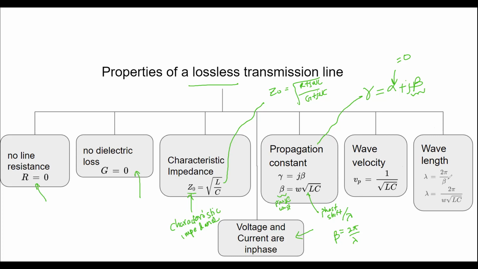We can define wavelength using beta, because we define beta as 2 pi over lambda. By taking lambda as the subject of that equation, lambda is equal to 2 pi over beta, which again we can denote by substituting omega square root of LC for the beta expression, and we get this term for the wavelength.